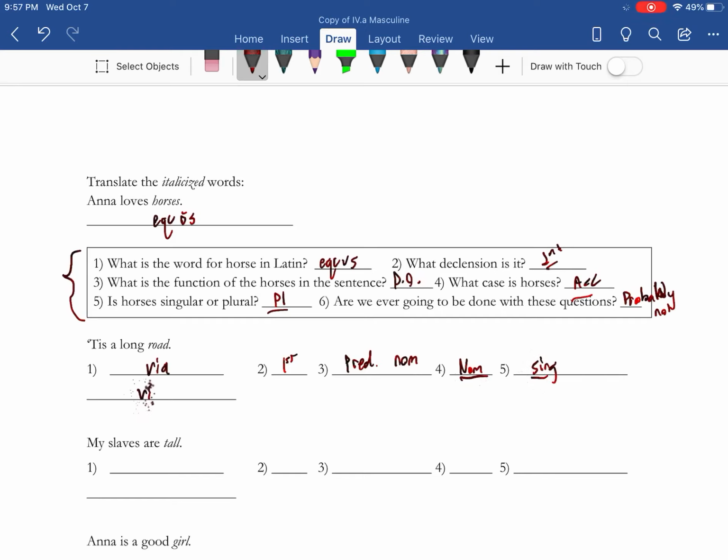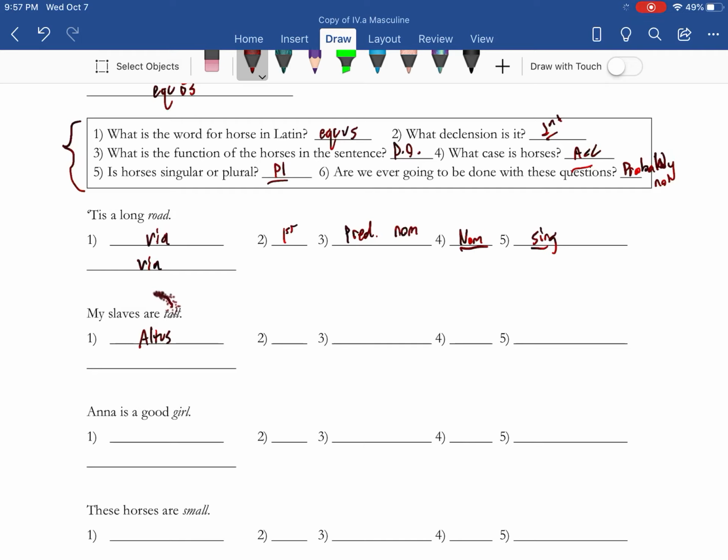The slaves are tall. Altus. Now for this one, we have to go with what it's describing, which is servus. All right, so servus is going to be second, which makes altus second. Slaves is the subject.